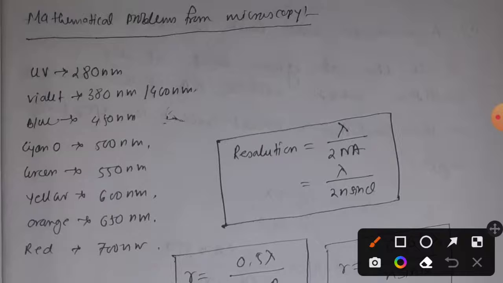They can also ask you what is the difference between microscopy and magnifying glass. So microscopy will give you magnification along with resolution, but magnifying glass will only give you magnification. Okay, important. And they can also give you definitions like numerical aperture, resolving power, the limit of resolution.